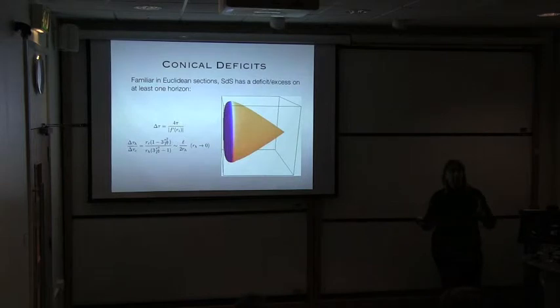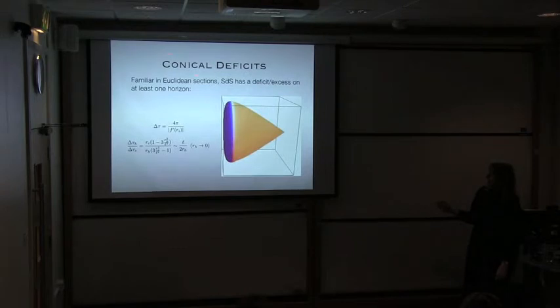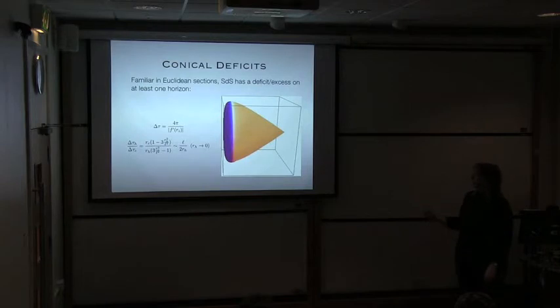Because with no conical deficit, the periodicity of your Euclidean time is 8 pi GM. So here, if you have Schwarzschild de Sitter, you cannot make both the cosmological and the black hole event horizons regular. So there's always a conical deficit for Schwarzschild de Sitter.